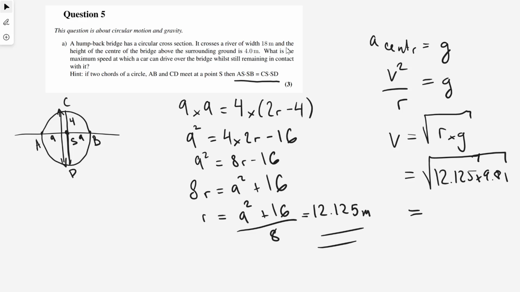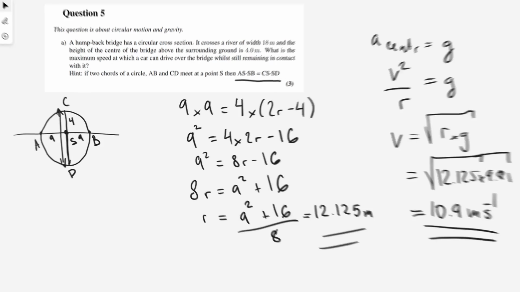Let's put that in a calculator to get approximately 10.9 meters per second, which is the maximum speed at which we can drive over the bridge while still remaining in contact with it.